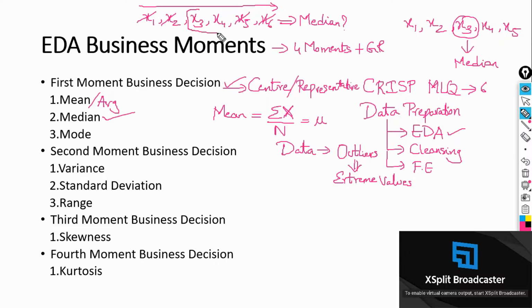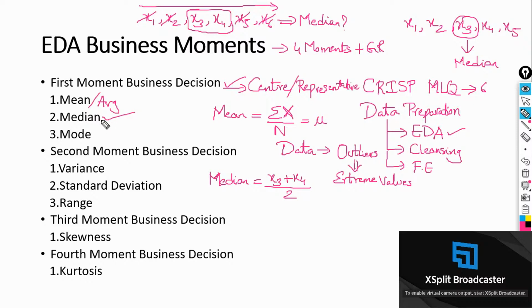So, consider both of them. The median will be (x3 plus x4) by 2. So, in simple terms, it will be the average of the middle two values, the middle two observations.